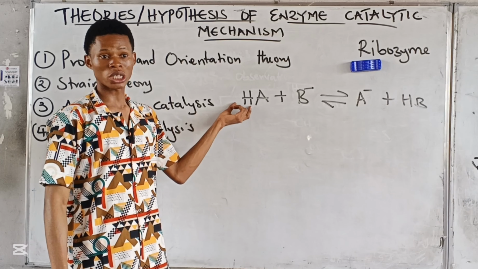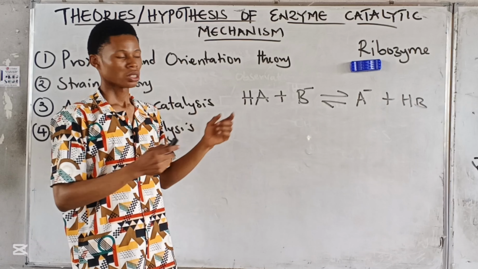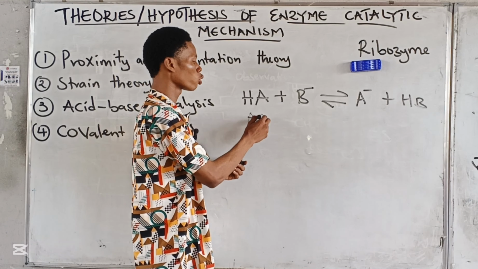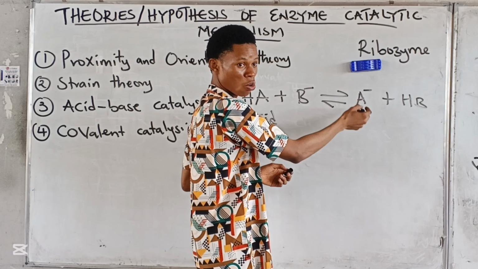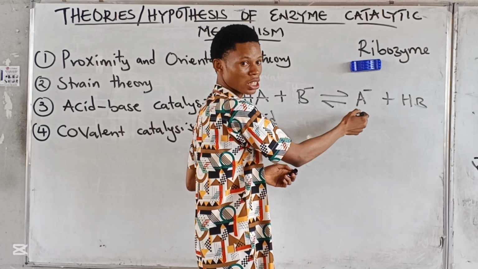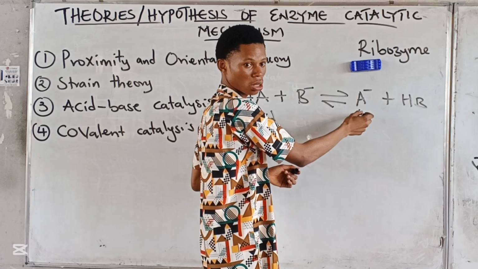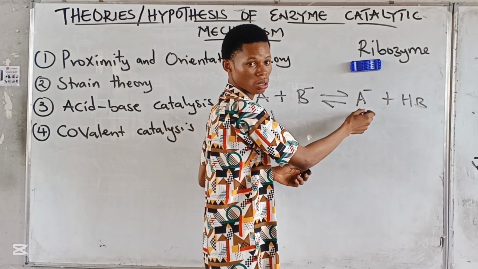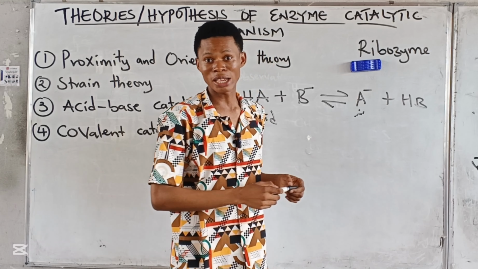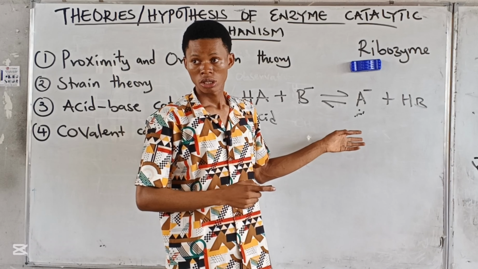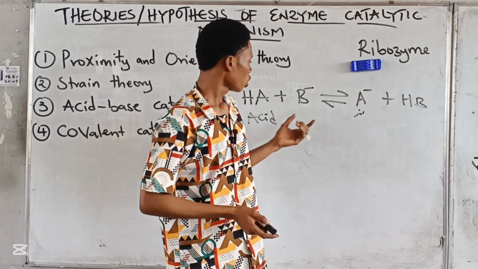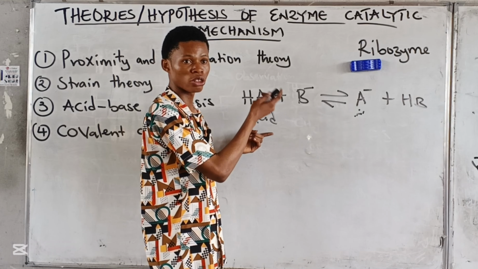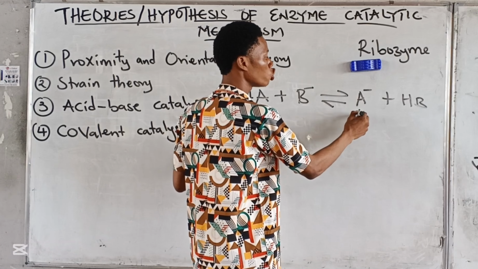So this is the acid because it has a proton it can give out. Now if an acid donates a proton, what is this now, an acid or a base? Does it have hydrogen? It's a base now, right? It does not have hydrogen now. If an acid donates its hydrogen, it becomes a base, a conjugate base.